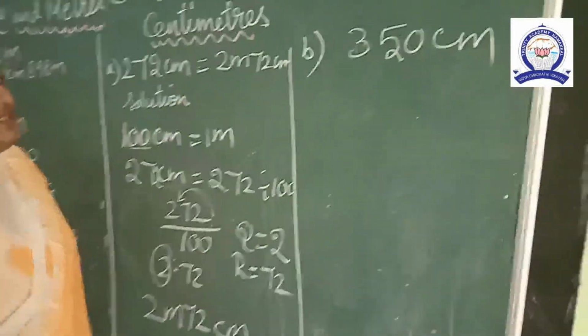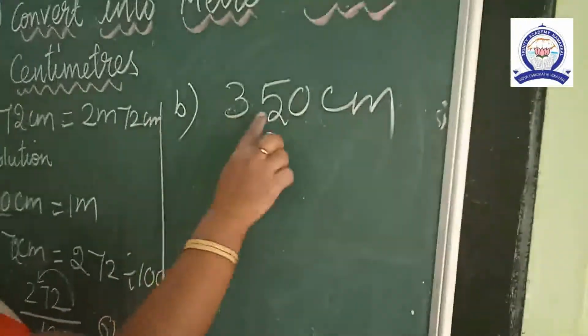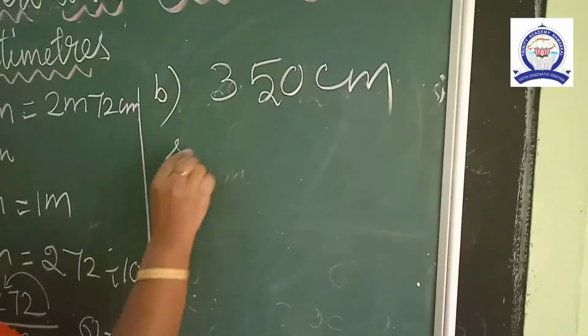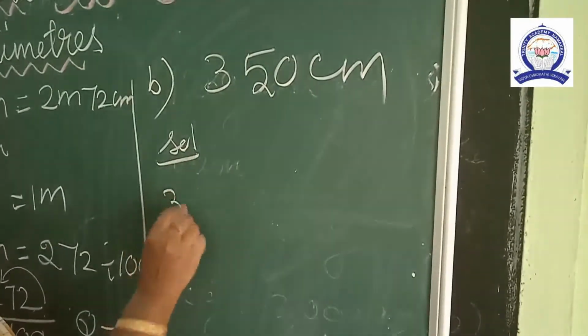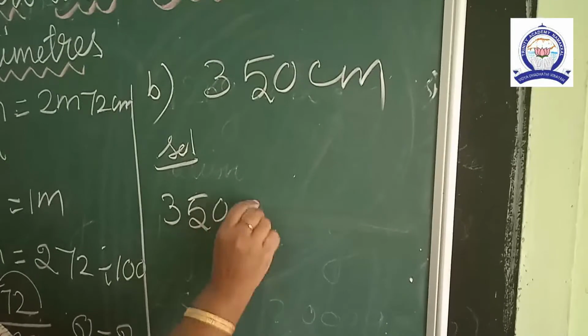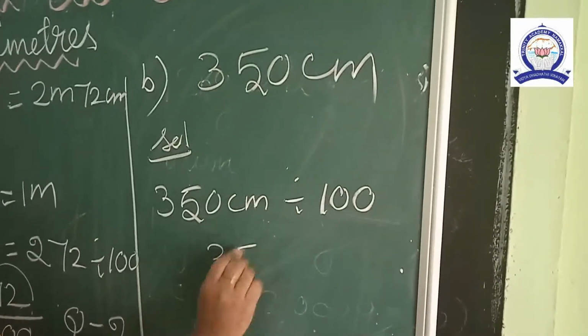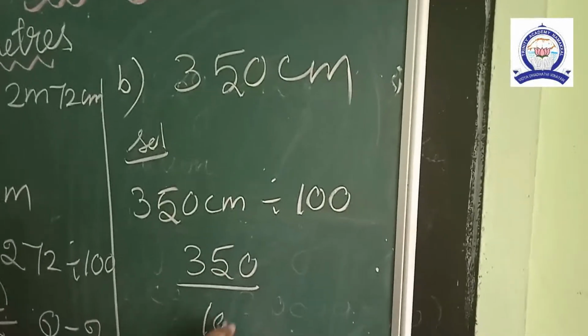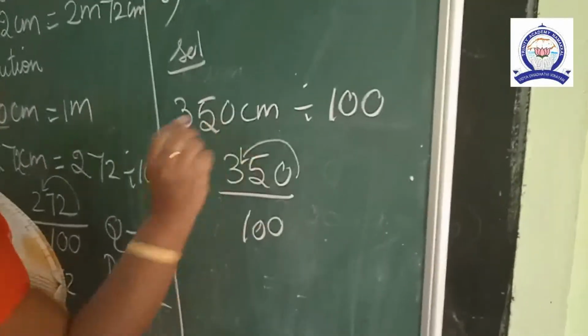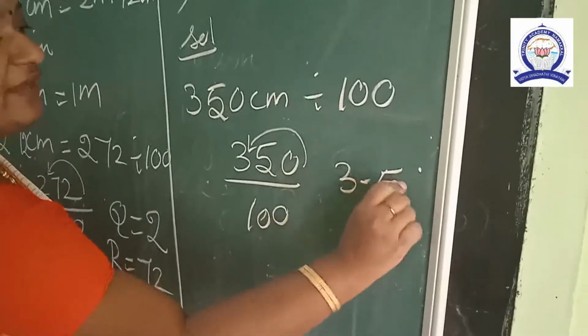Similarly, see the second question. B, 350 centimeters. So solution, the same step, we have to divide 350 centimeter by 100. So 350 divided by 100, the point will come here, 3.50.